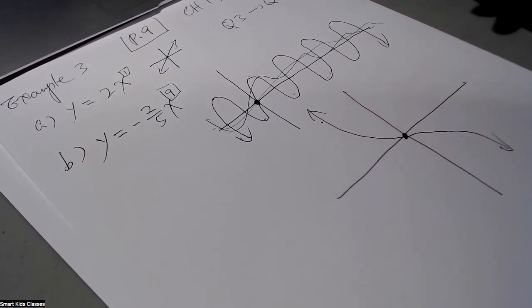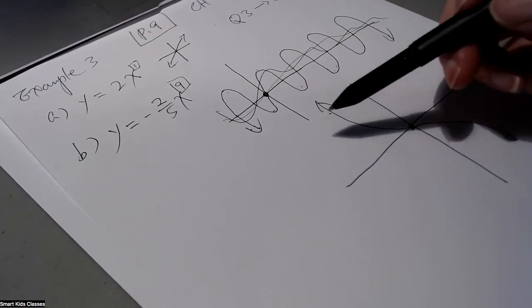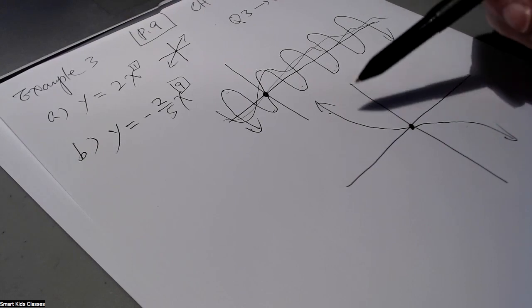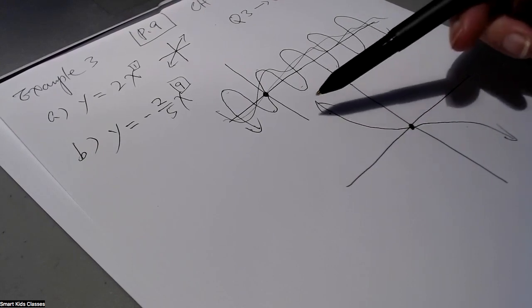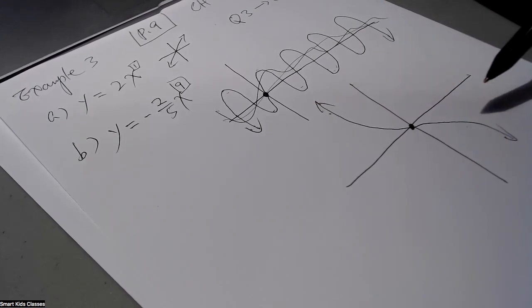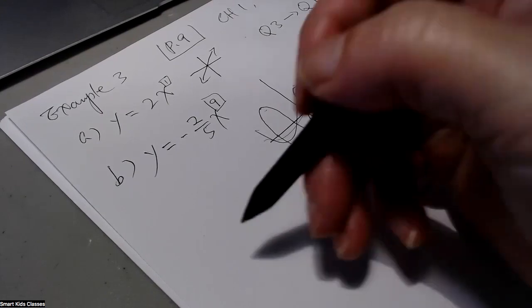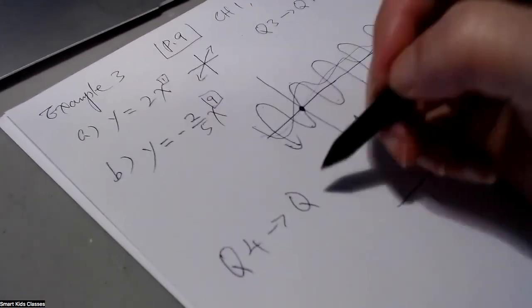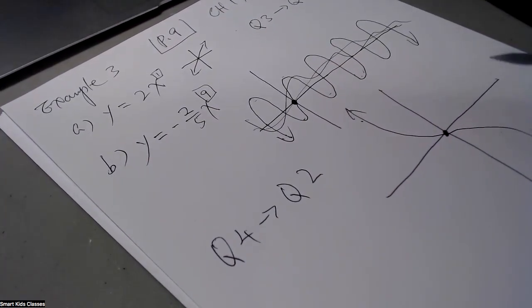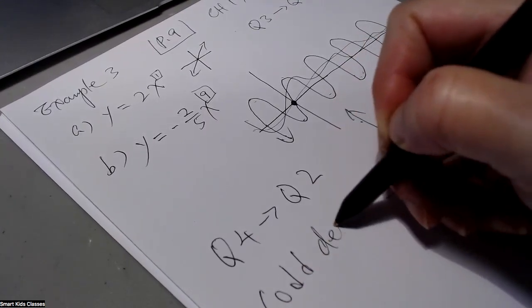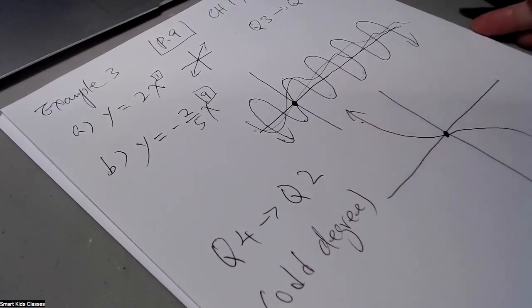You can make the graph more complicated, with as many curves as you want. Just curve the lines, but the principle is quadrant 2 to quadrant 4. So therefore we explain the behavior: from Q2 to Q4, and also it's the odd degree. So that's for B.